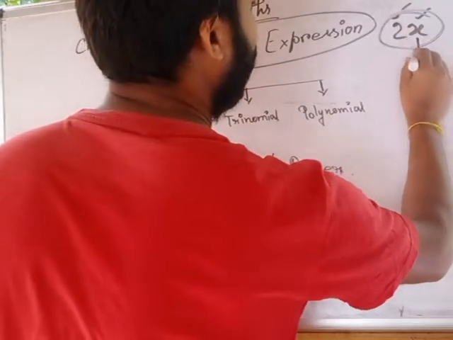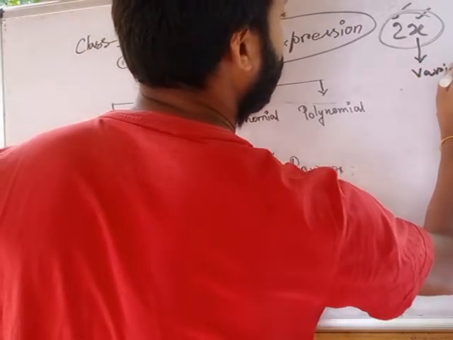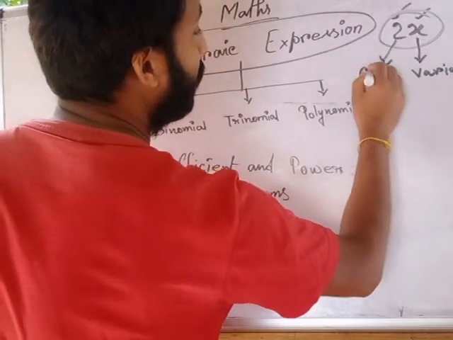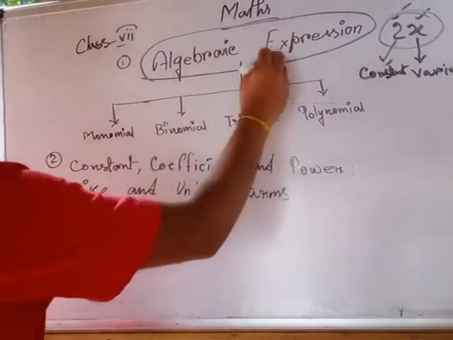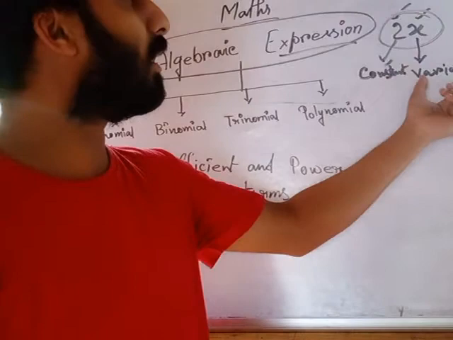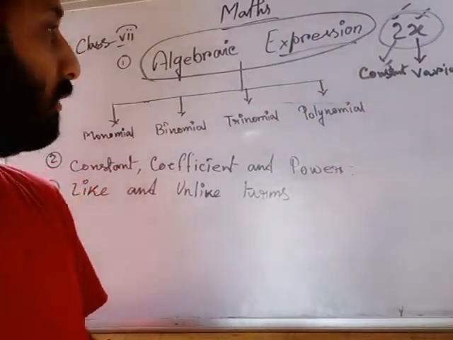That is called a variable, and this one is called the constant. If the expression includes constants and variables, it is called an algebraic expression.